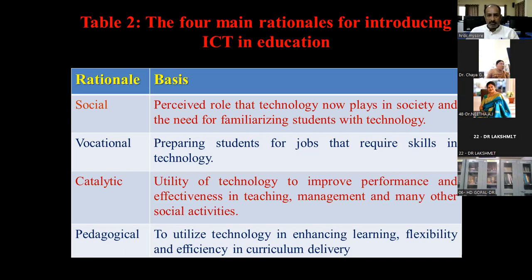So keeping that point in mind, now let's look at the four main rationales for introducing ICT in education. The first rationale is the social, that is, the perceived role that technology now plays in society and the need for familiarizing students with the technology. Of course, maybe from 10 years back, the students were not that smart, right?